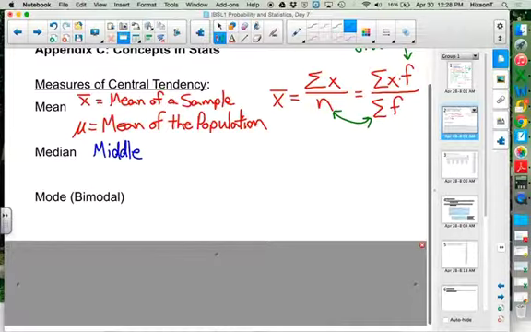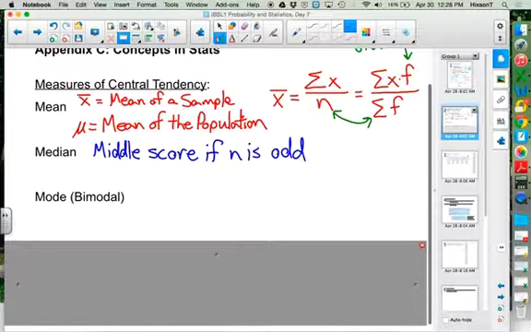It's the middle score if n is odd. So if I have 3 scores, you can get the middle one easily, and you just see it right there.